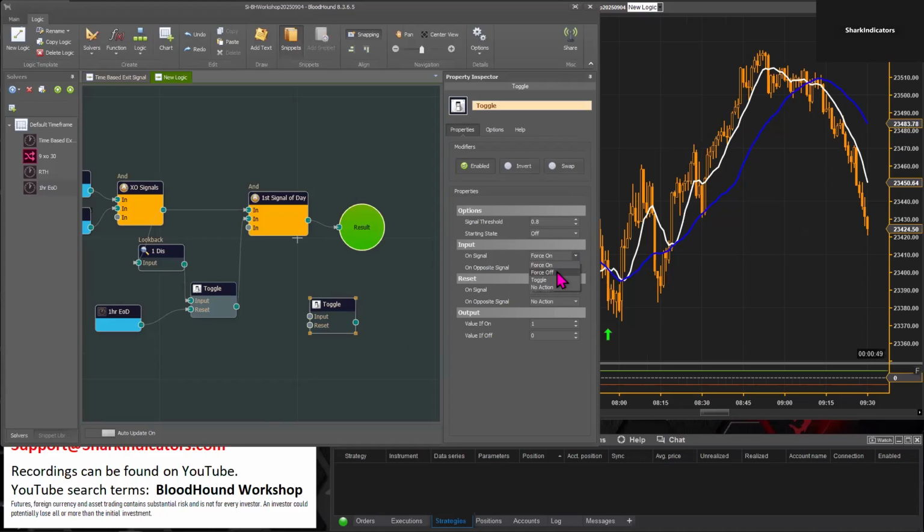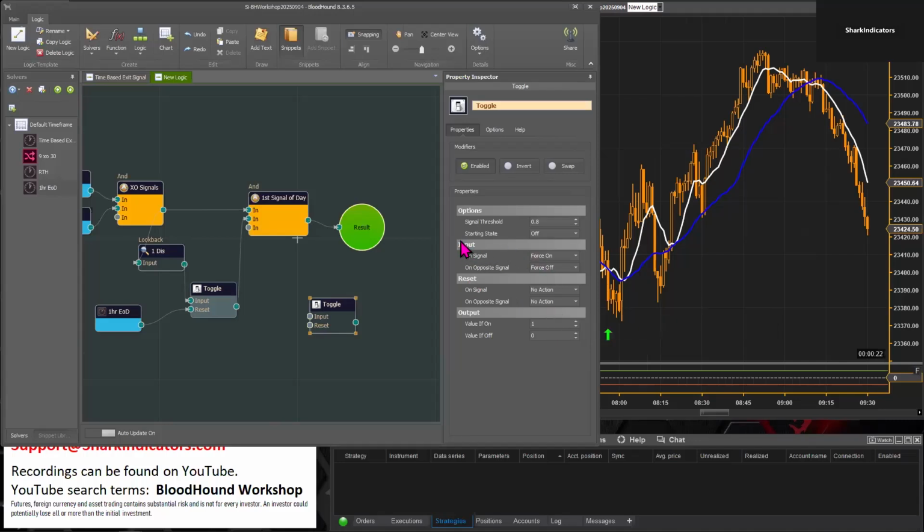But you have all of these options here: force on, force off, toggle. Toggle just automatically flips. So a signal comes in, turns it on. The next signal comes in, turns it off. And then there's no action. We can see the resets here are set to no action.